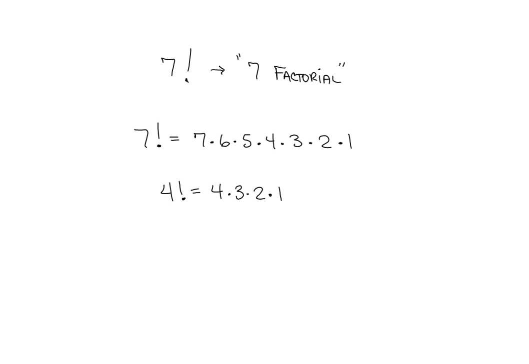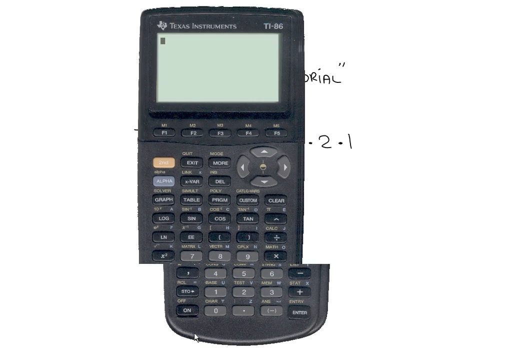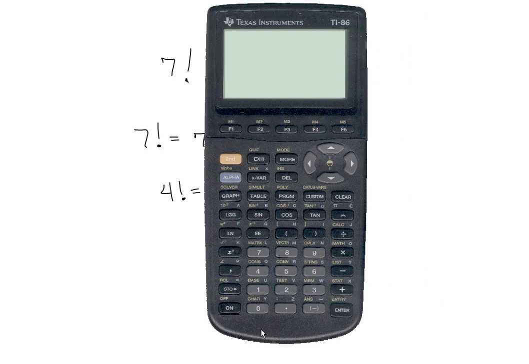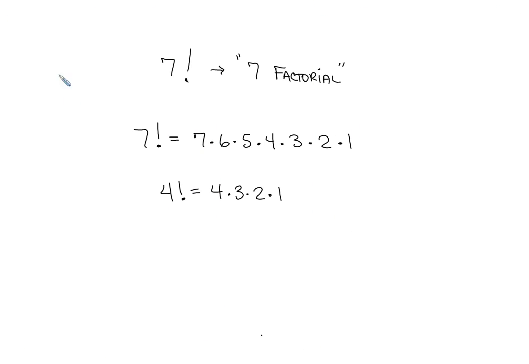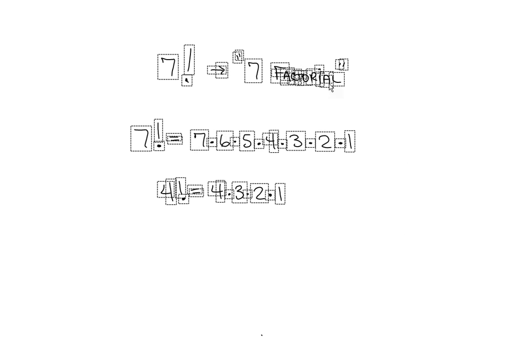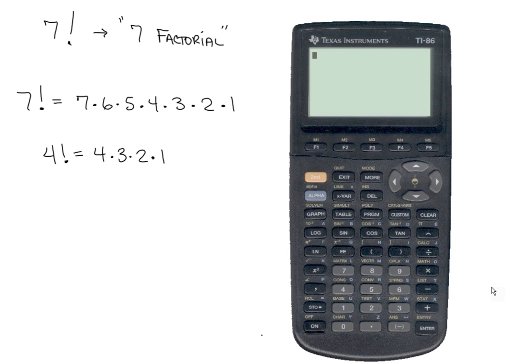Now, we're not going to actually see what it's used for. We're just going to actually do some problems with it tonight. But let me talk about where it is on your calculator, because most of you have a factorial button somewhere in your calculator. So pull your calculator out. Okay.